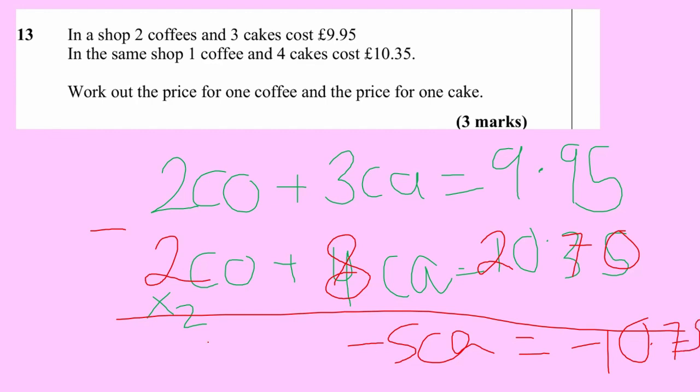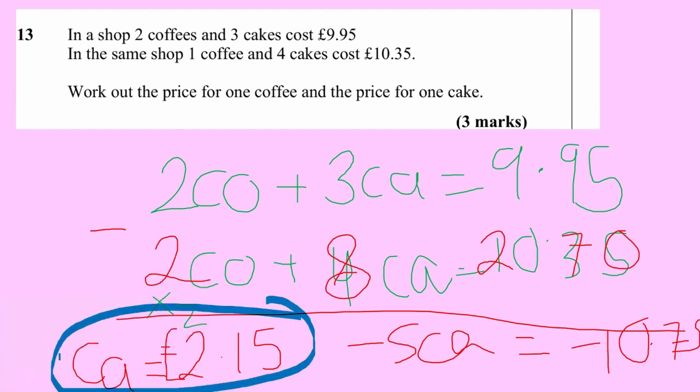You can literally just use x. So then cakes is going to be equal to minus 10.75 divided by minus 5, which is going to be £2.15. So that's my value. That's how much the cake costs. I'm just going to put a pound sign. And this is our answer for cakes.